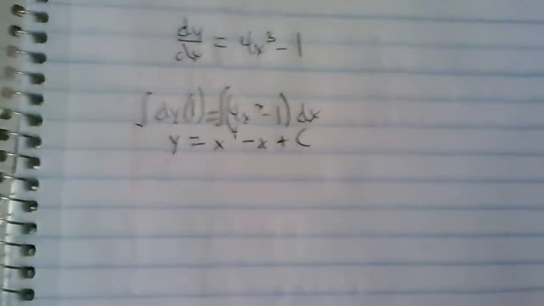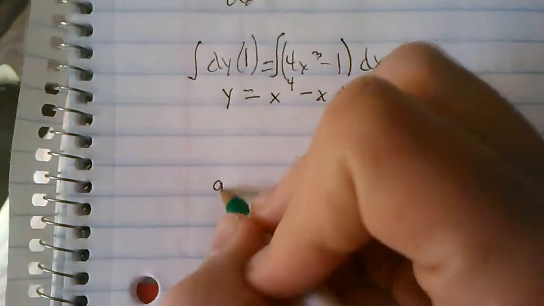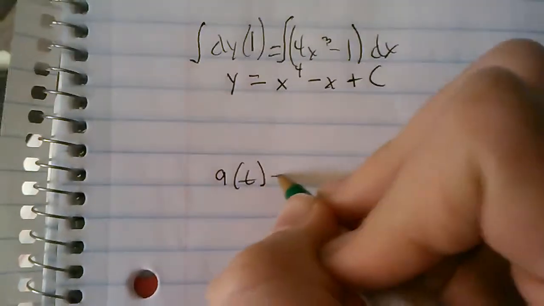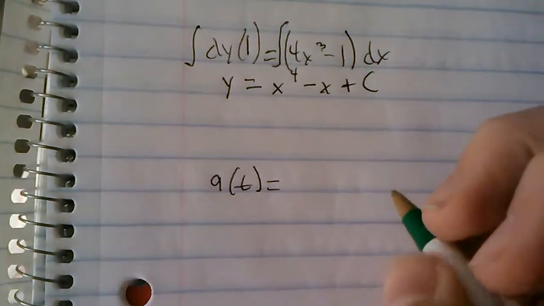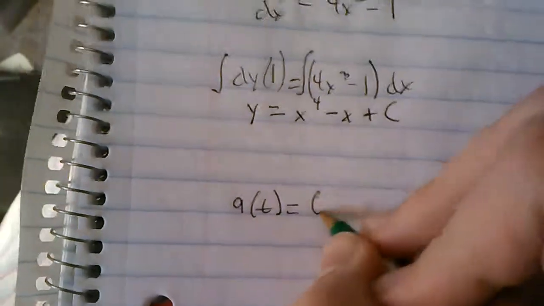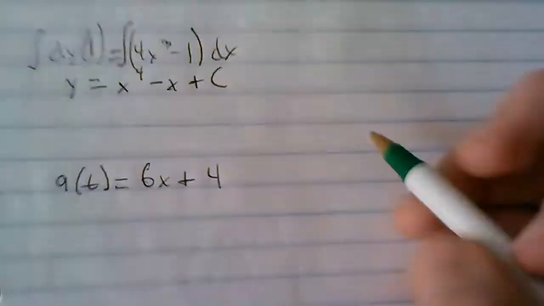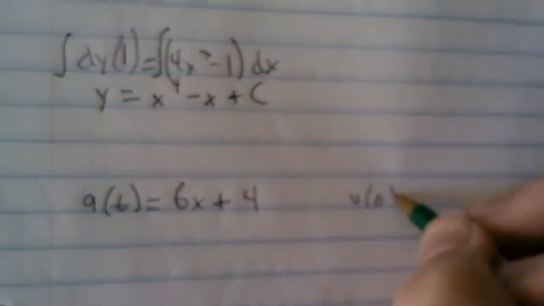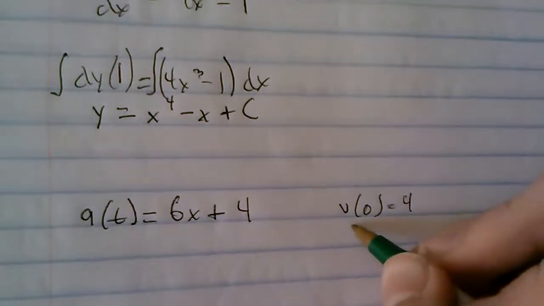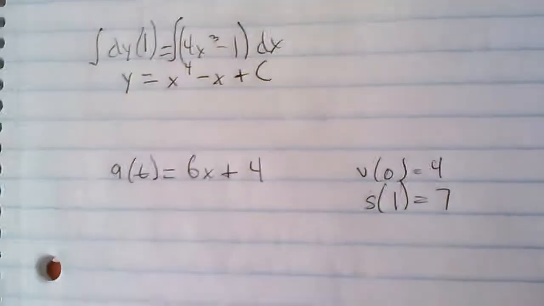So let's say we have an acceleration function, and we'll say the acceleration function is, I don't know, 6t plus 4, and we'll say v of 0 equals 4, and s of 1 equals 7.